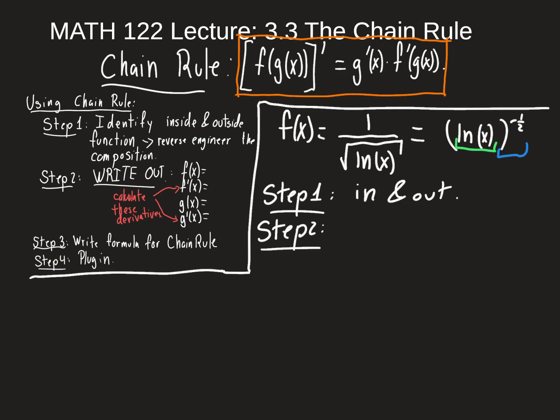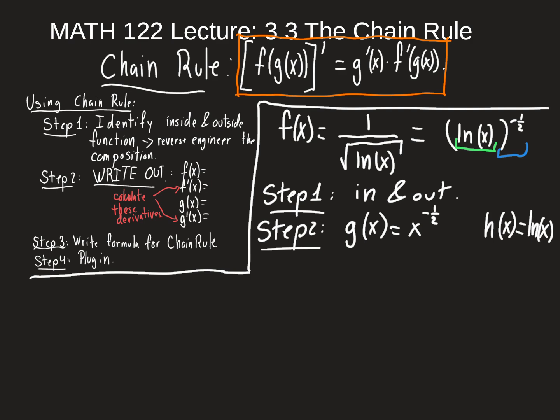And we see that this time we already have a function named f of x, so we'll have to use different names here. Let's write our outside function as g, and our inside function as h. And we see that h of x is going to be ln of x, and g of x is going to be x to the negative 1/2.